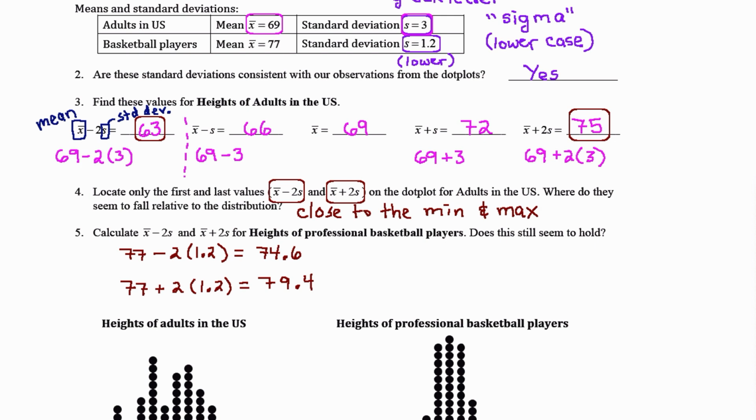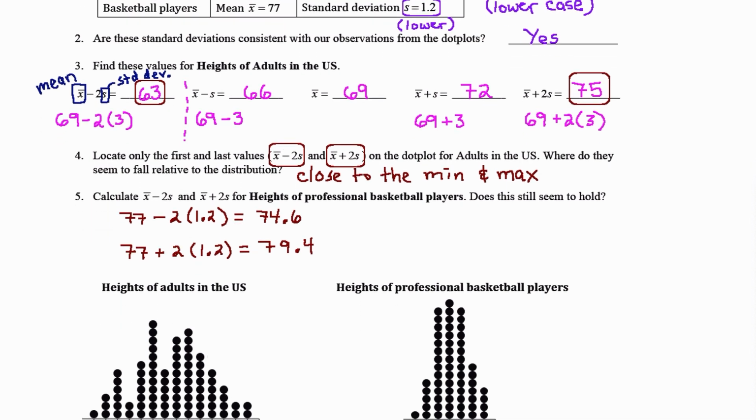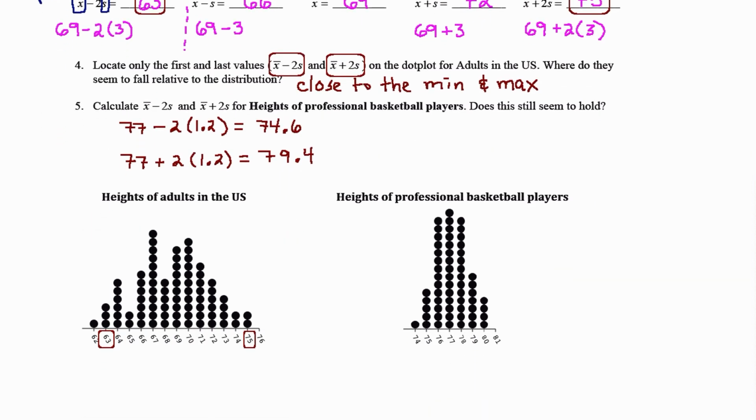Now let's look at this distribution. Looks like 74.6 is again not quite all the way at the min, but very close to it, and 79.4 similarly not quite all the way at the max, but very close to it.